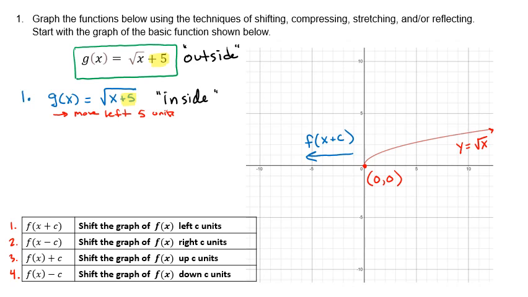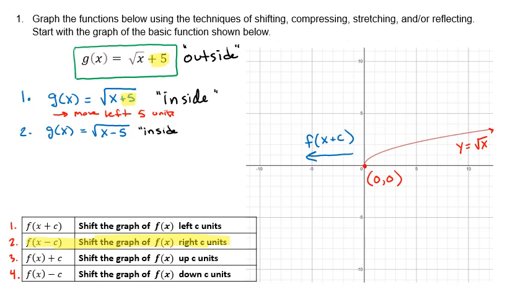The second one. Subtraction on the inside would be something like g of x is equal to the square root of x minus 5. Again, the subtraction is on the inside because the function is affecting the number 5.